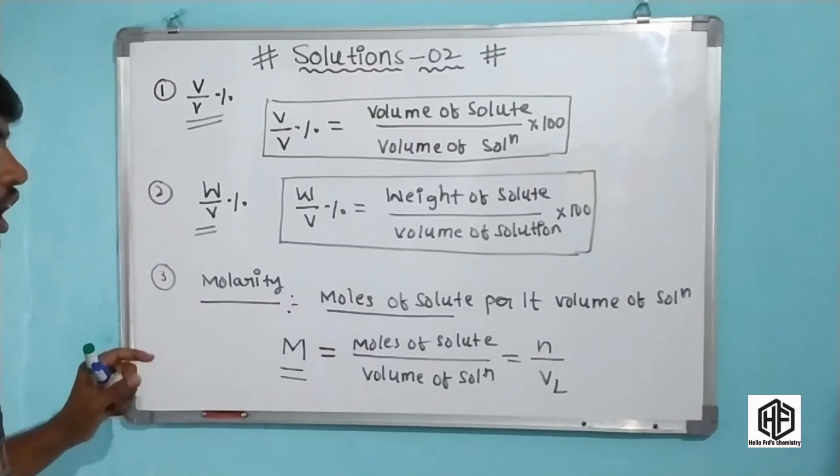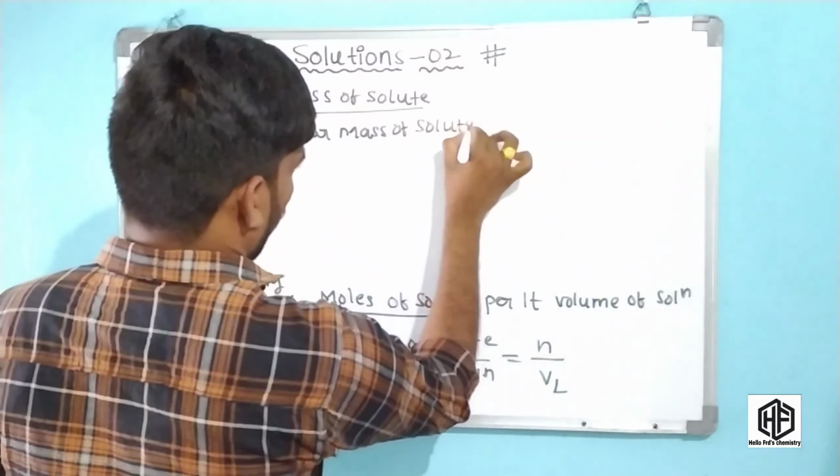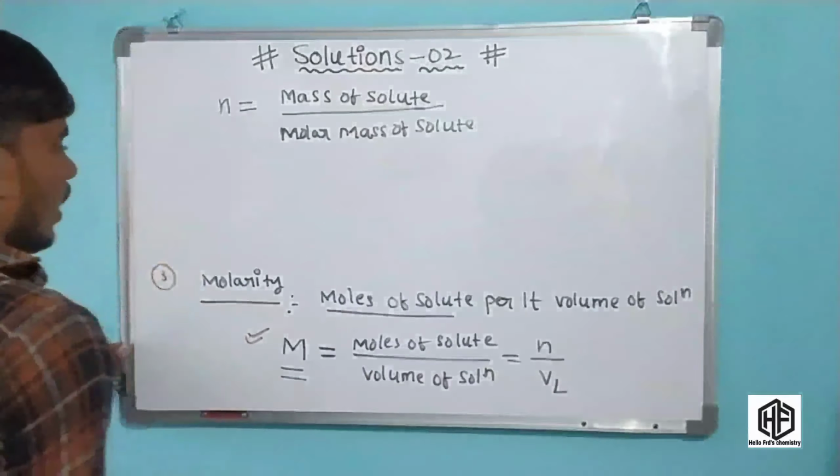Moles of solute n is equal to the mass of solute by molar mass of solute. This is the number of moles. The number of moles is represented by n. n is equal to mass of solute by molar mass of solute.